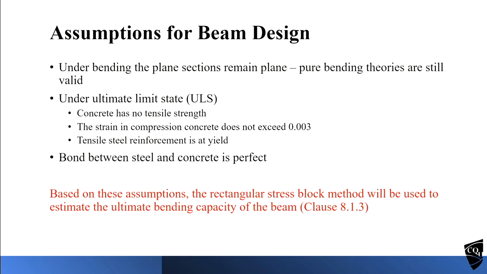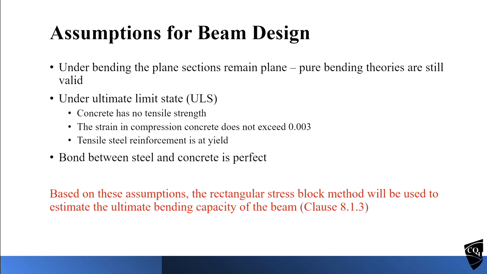The second thing is more important. For ultimate limit states, we assume there is no tensile strength. Remember, in the serviceability, for cracked section and uncracked section, in both cases, we assume the concrete has elastic behavior.